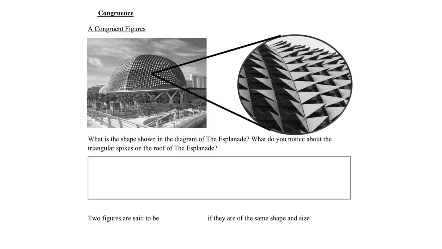So in the Singapore context, there's this particular building called the Esplanade. Well, if we take a closer look at the triangular spikes on the roof of the Esplanade, what do we notice?